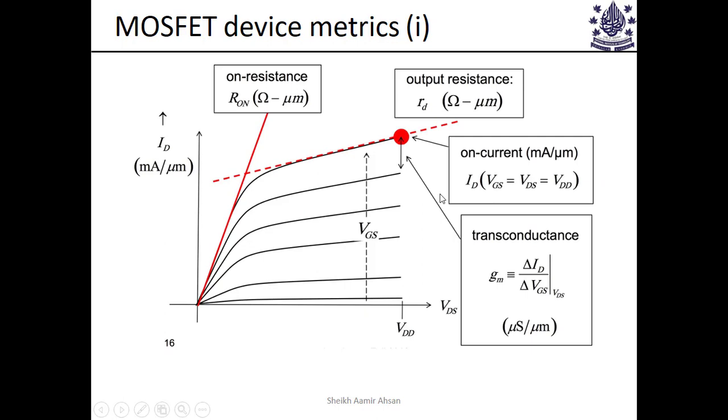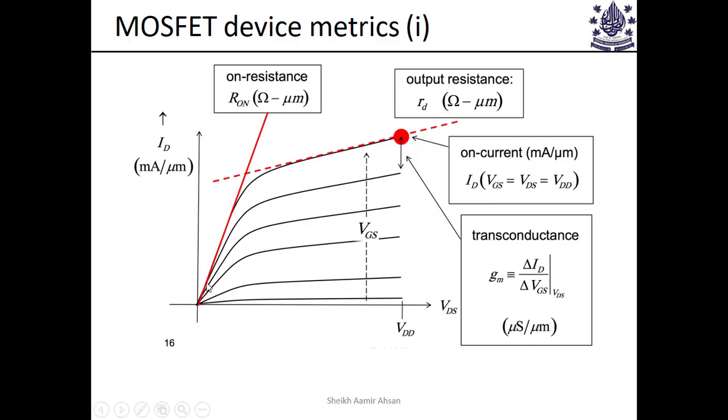Now let's talk about MOSFET device metrics. So what we have here is a family of curves, the output characteristics, right? ID versus VDS. From these characteristics, we can obtain a lot of device metrics. For example, let's start with this one.